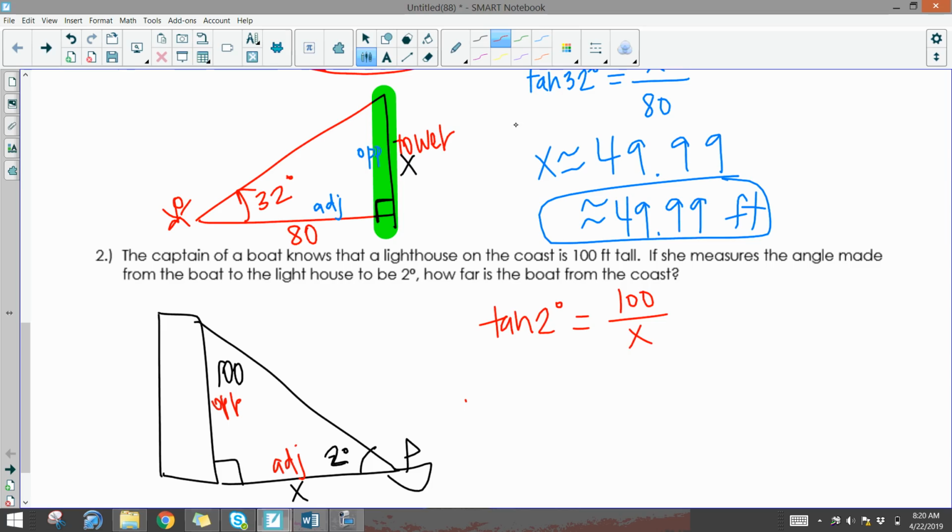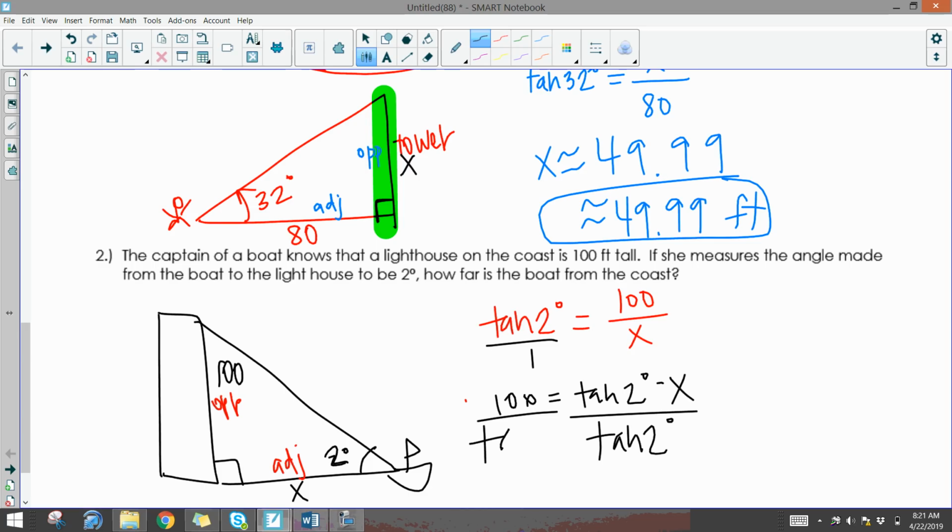Be careful here, you guys, because your variable's in the denominator. So you end up with 100 equals tangent of 2 degrees times x. So you're going to divide, sorry you guys, my computer is not loving my handwriting, both sides by tangent of 2 degrees.